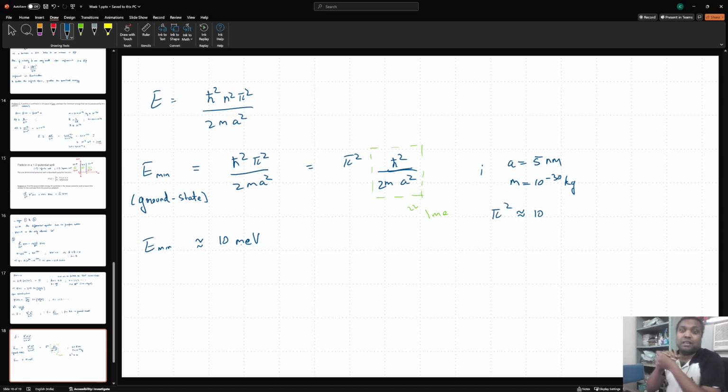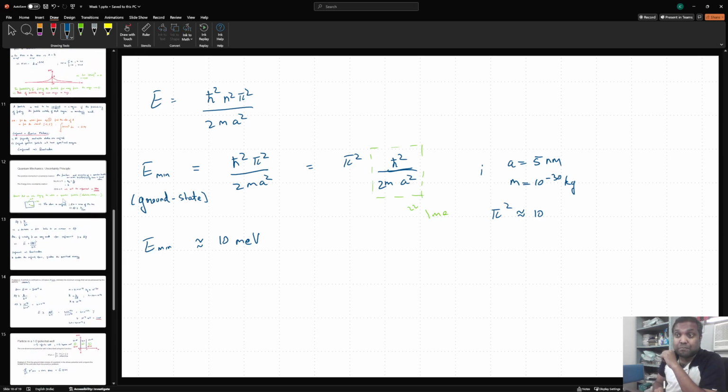And I told you a millielectron volt was a significant quantity. And it turns out if I have a 5 nanometer box and I'm trying to confine an electron inside it, the actual minimum energy that we get by properly solving the Schrodinger equation is 10 times what we estimated. And what was our estimate there?